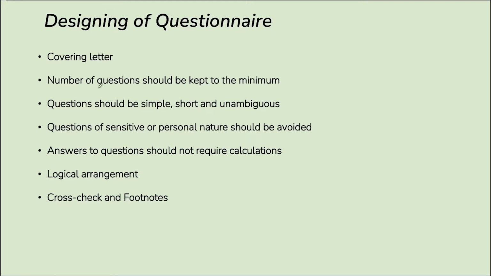Second, the number of questions should be kept to the minimum. Third, questions should be simple, short, and unambiguous. Fourth, questions of sensitive and personal nature should be avoided. Fifth, answers to questions should not require calculations. Sixth is the logical arrangement, and seventh is the cross-check and footnotes. So let us discuss each of these in detail.